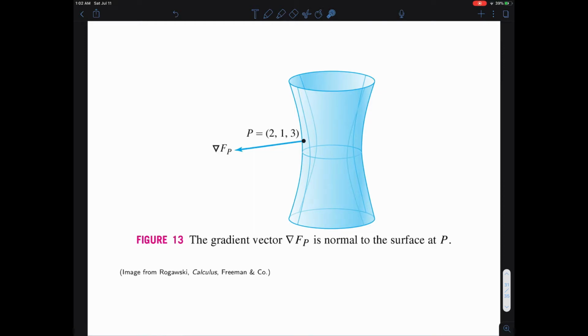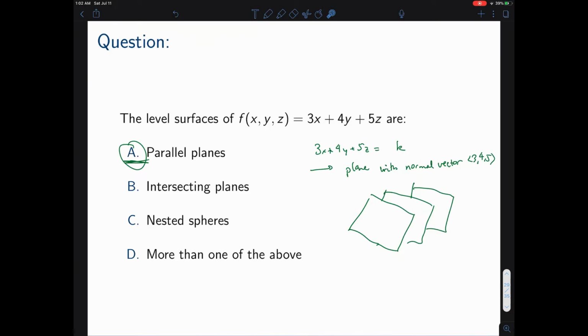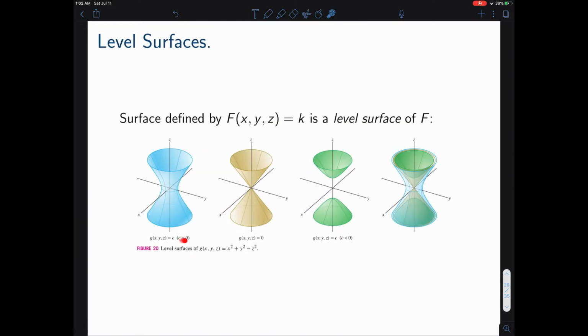Here's a picture, just to illustrate what we've been talking about. So here's a level surface. This is a surface x squared minus y squared plus z squared equals a negative number. It's from this example. Oh, I said it backwards. It's a positive number.